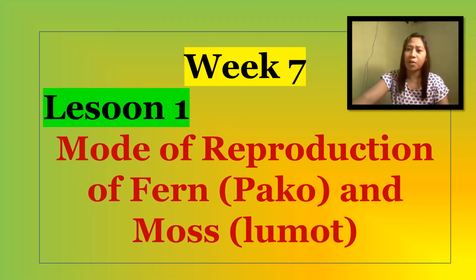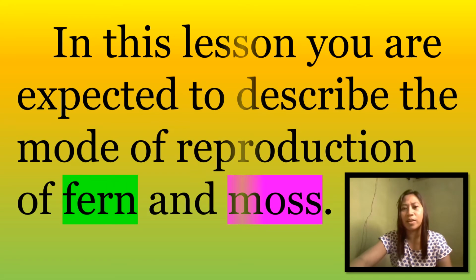When you say fern, that is pako in Tagalog, and moss or lumot in Tagalog. In this lesson, you are expected to describe the mode of reproduction of fern and moss. So how do fern and moss reproduce?